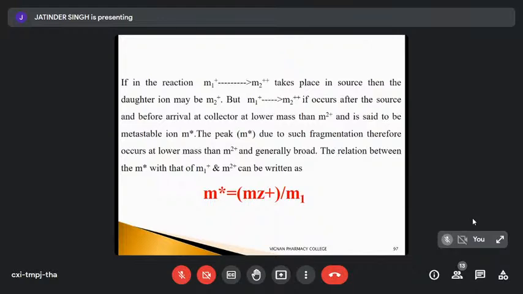In mass chromatography, the basic principle is you inject the molecules, either coming from gas chromatography or liquid chromatography, it doesn't matter. Then they are bombarded with electrons. Ions are produced in the vacuum tube. Molecular ions are produced, and these may undergo fragmentation.